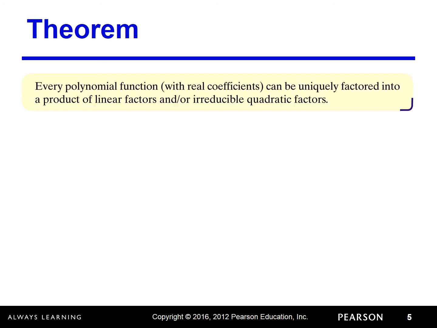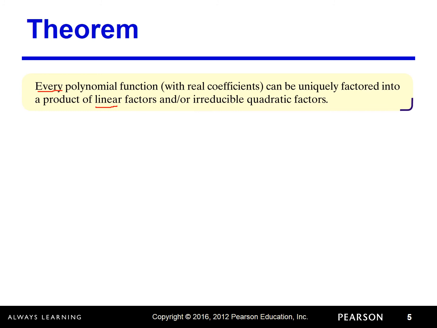Here's a theorem we'll throw in here. Every polynomial function with real coefficients can be uniquely factored into a product of one of two kinds of factors that you could use to factor every polynomial function. Either linear or irreducible quadratic.